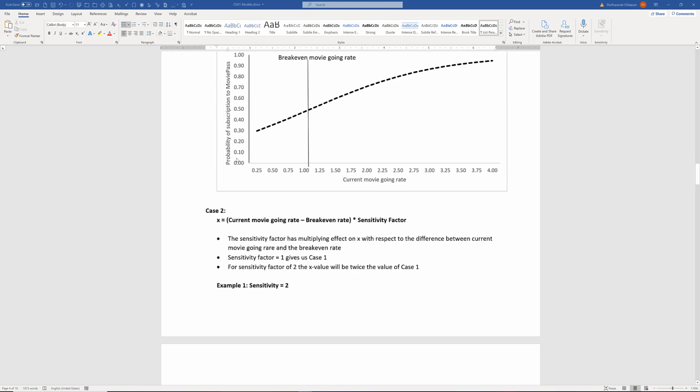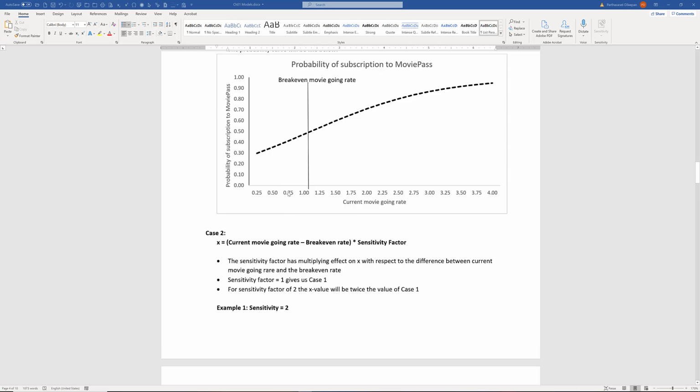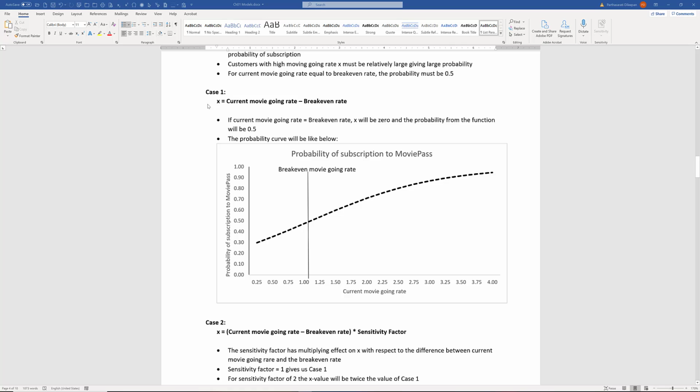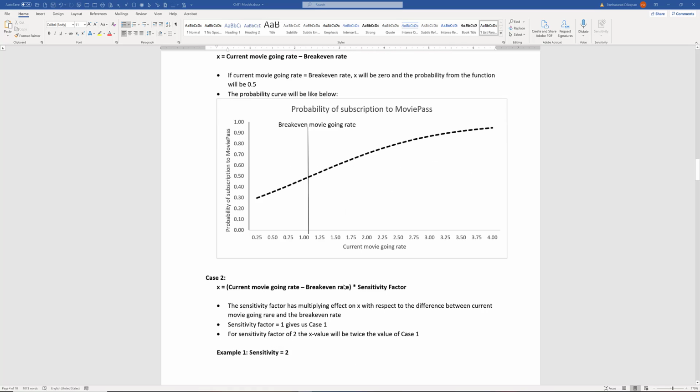Okay, so what we can do is we can take this starting point and say, okay, we're going to multiply this with a factor, and let's call that sensitivity factor. The sensitivity factor has a multiplying effect on x with respect to the difference between the current movie going rate and the break-even point.